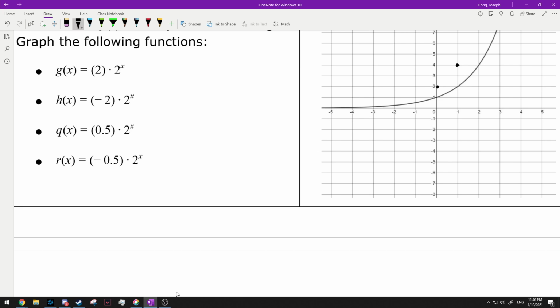And -1, 1, like this. h of x is the same thing, but it's just reflected over the x-axis. So it looks like this.